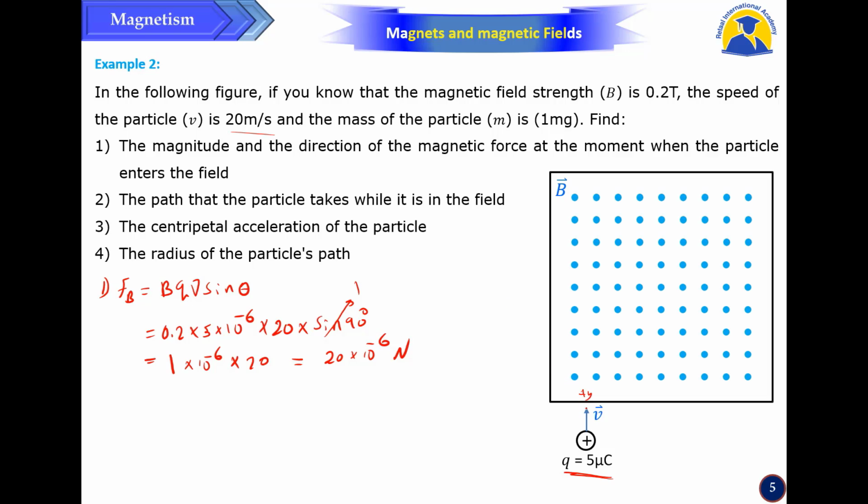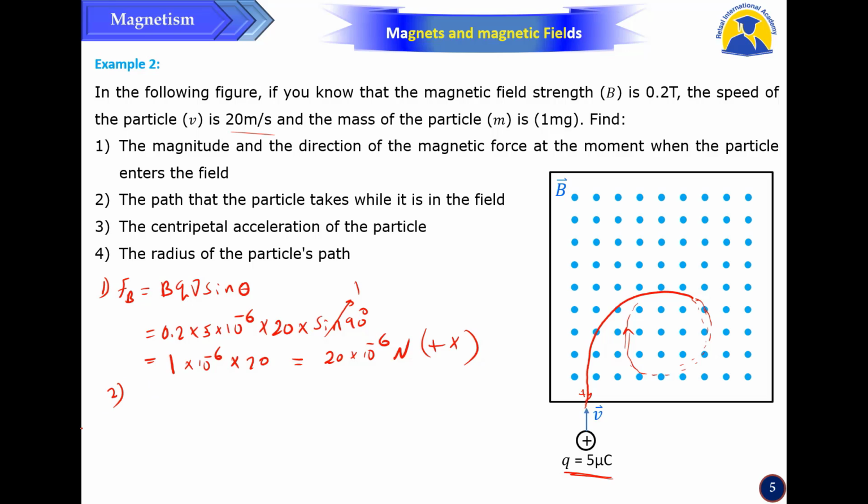This means the particle, when it enters the magnetic field, will go to the right, then complete a circular path inside the magnetic field. So the direction is to the right. To the right means positive x-axis.